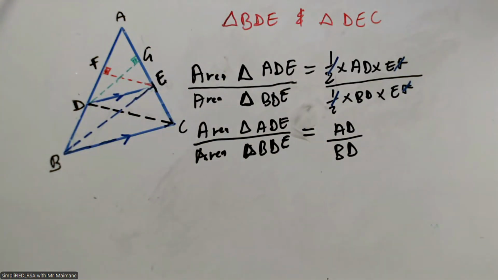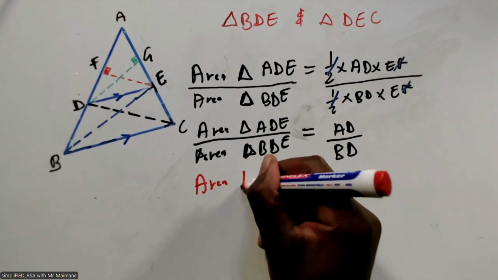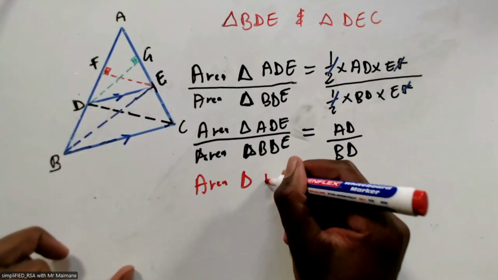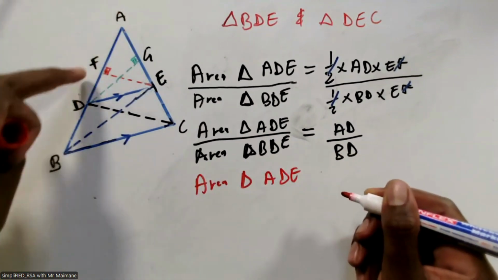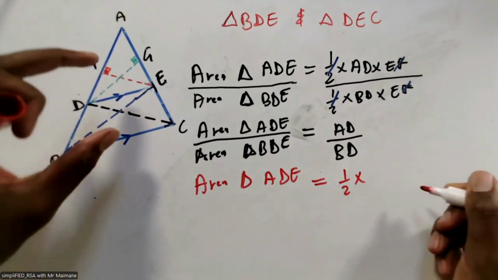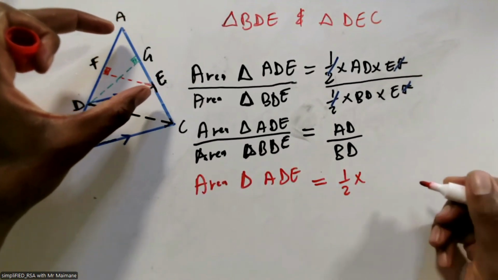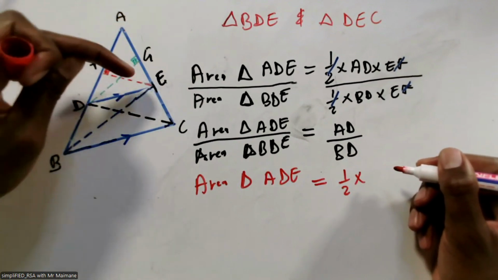So again, looking at it from the other side, the area of triangle ADE is equal to half times the base, which would be AE, and the height would be DG.